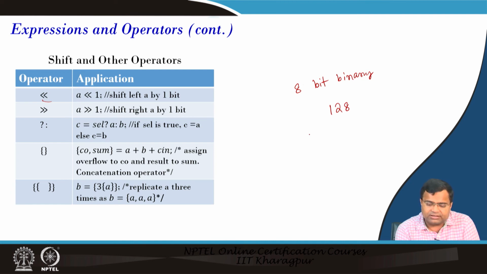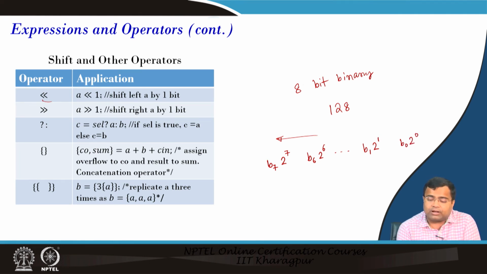That means your MSB part expands to this side, because if you take an 8-bit number, typically we start with B7 into 2 to the power 7, B6 into 2 to the power 6, and so on, up to B1 into 2 to the power 1 and B0 into 2 to the power 0.